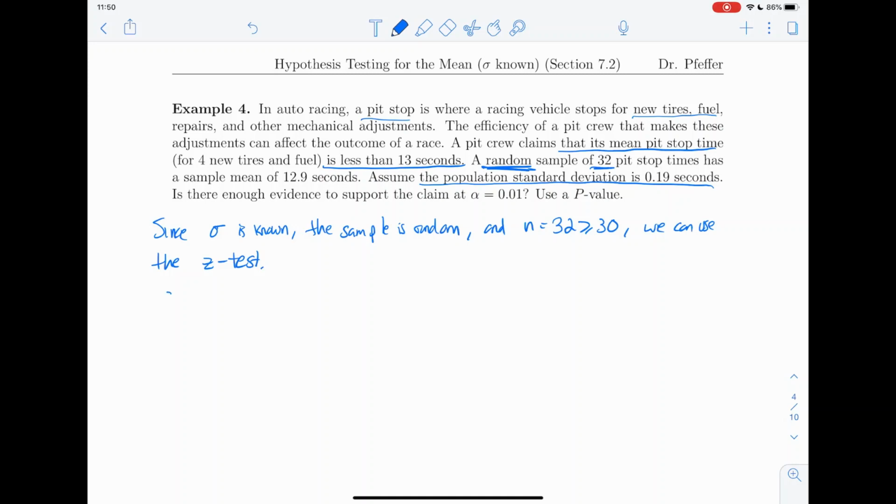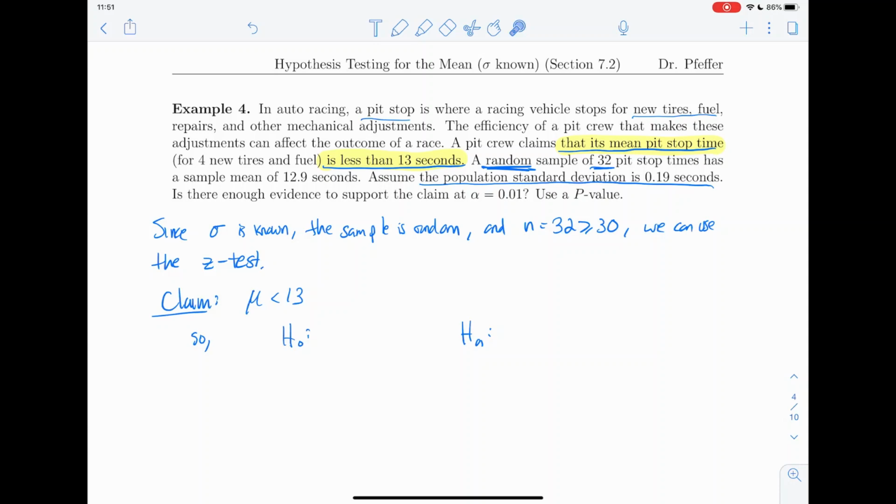Now, we're going to write down the claim because we need to convert this into a null and an alternate hypothesis. The claim was given to us as the mean pit stop time is less than 13 seconds. So the claim is that the mean is less than 13 seconds. We need to convert this into a null hypothesis and an alternate hypothesis.